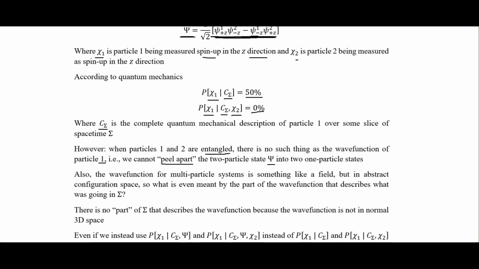Also, the wave function for multi-particle systems is something like a field in abstract configuration space. So what is even meant by the part of the wave function that describes what is going on in sigma? There's no part of sigma that describes the wave function, because the wave function is not in normal 3D space.